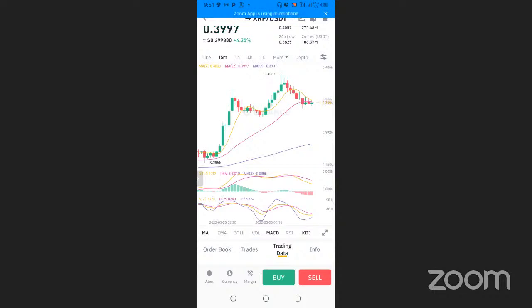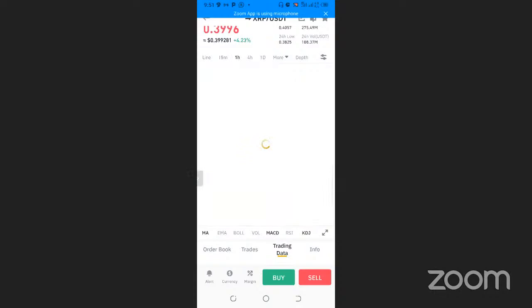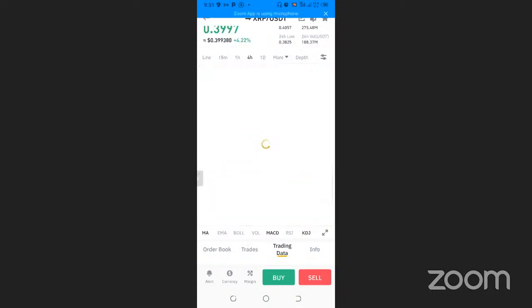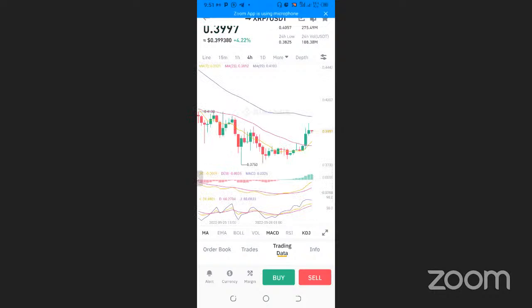Okay, the market is still a little bullish. On 1 hour is selling, and the market is bouncing back.